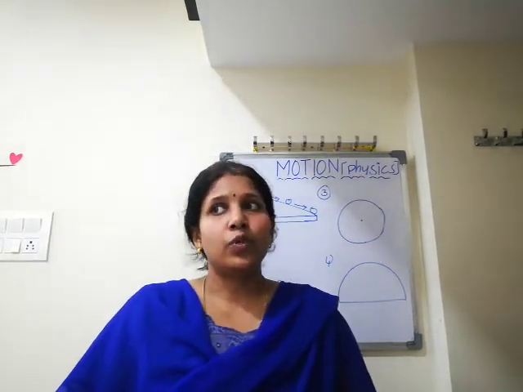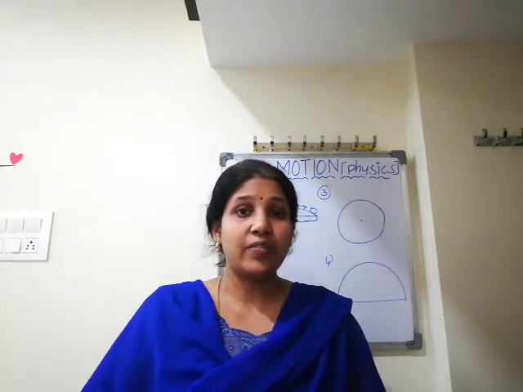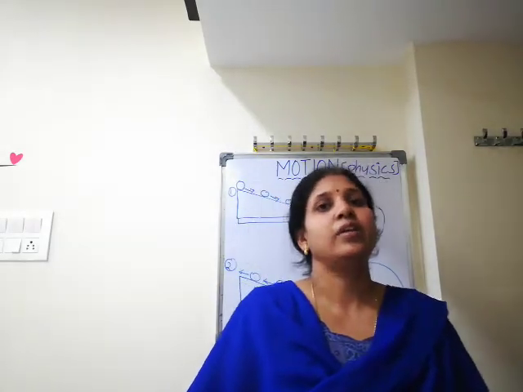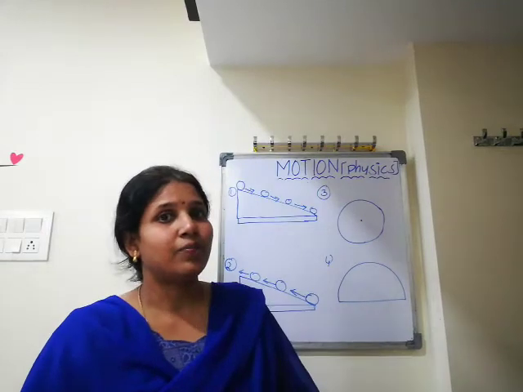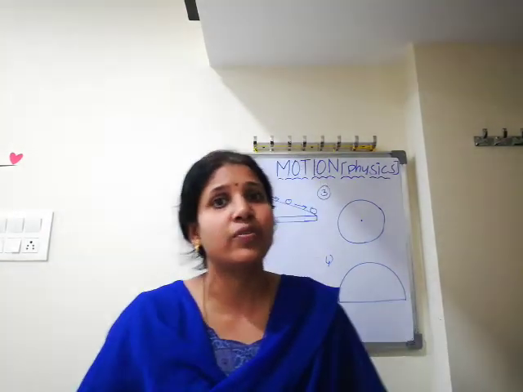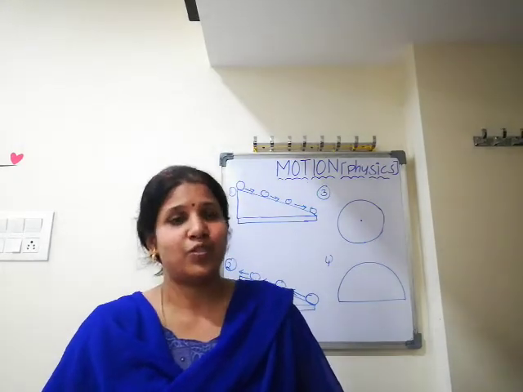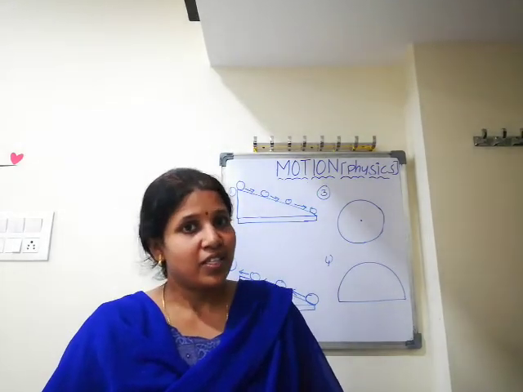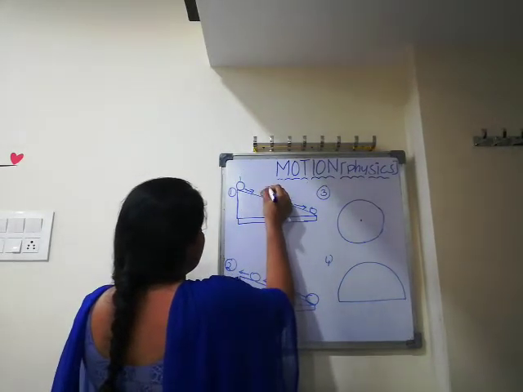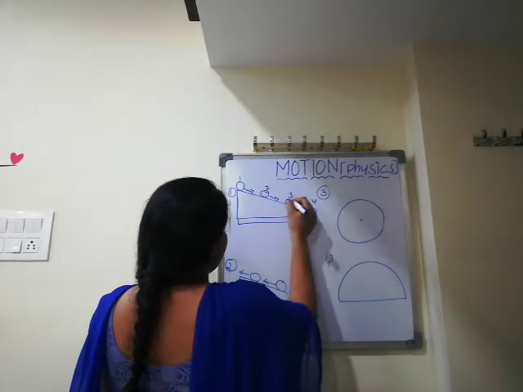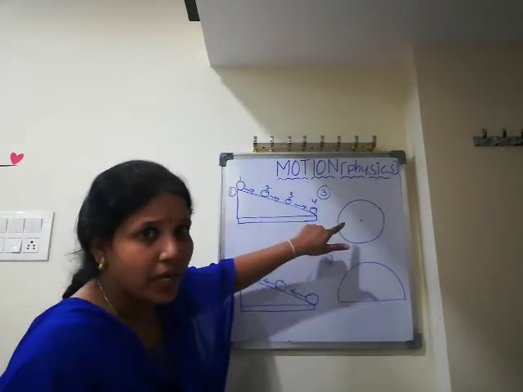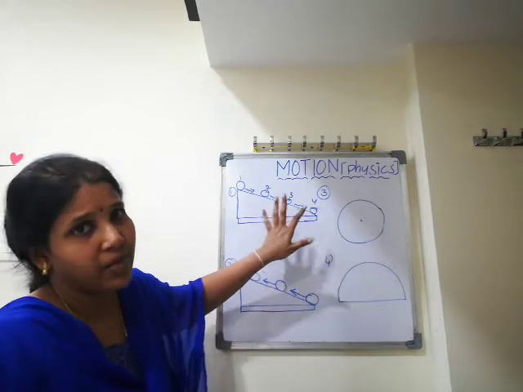And what is the path of that ball? Is there any change in the path of that ball, or any change in the direction of motion of that ball? No. From the first position, second, third, fourth, like that, if you take any position of that ball, it is moving in the same path, the same inclined plane.